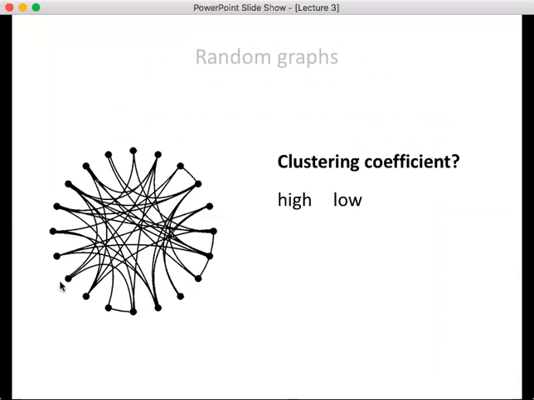How is its clustering coefficient? So please tell me what you think in this case. If you don't mind, write what you think about the clustering coefficient. Is it high or low in your opinion? So please write in the chat.